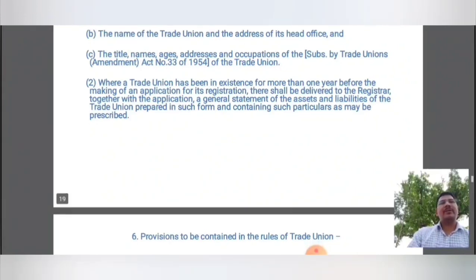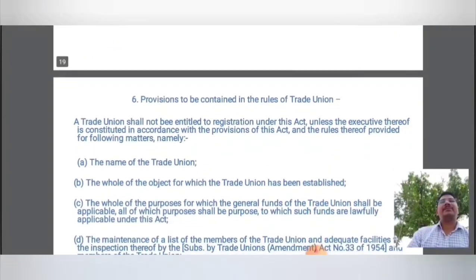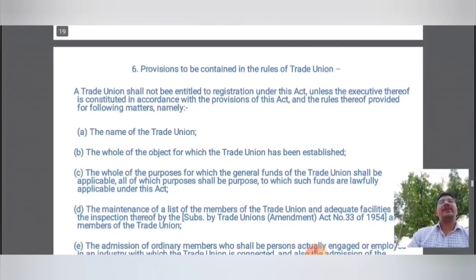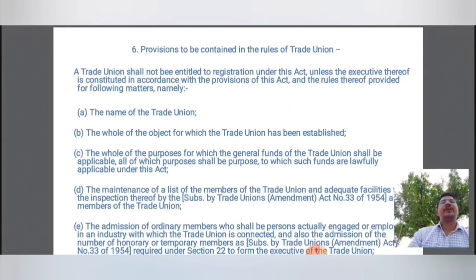So now we will go for understanding the provisions to be contained in the rules of a trade union. The trade union shall not be entitled to registration under this Act unless the executive thereof is constituted in accordance with the provisions of this Act, and the rules provide for the following matters, namely: the name of the trade union, and the whole object for which the trade union has been established.